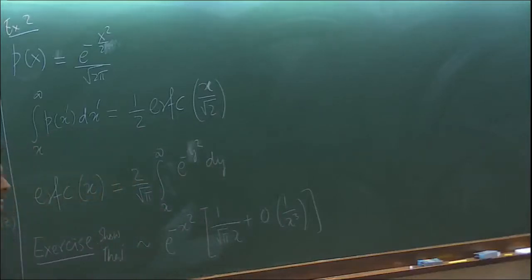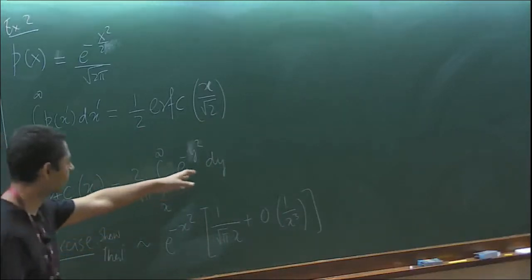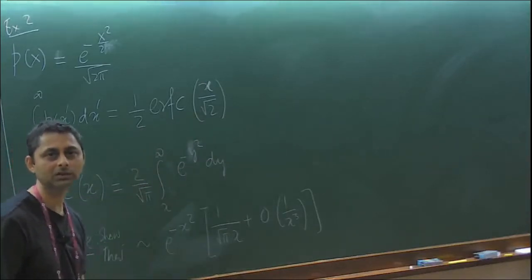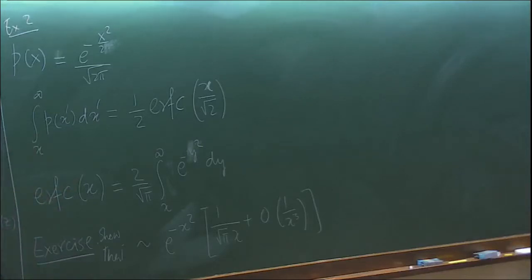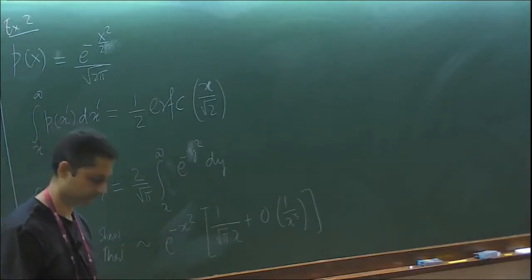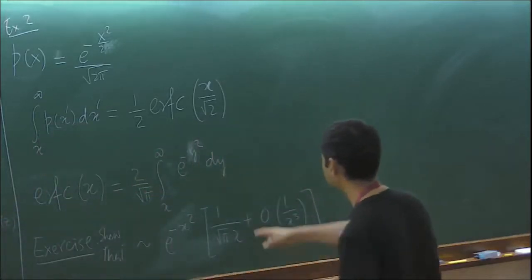Okay? So this is an exercise, and it's actually not very difficult. How are you going to do it? You have to do some integration by parts and see that whatever is remaining is a smaller term. This is how you find asymptotics of this kind of function.